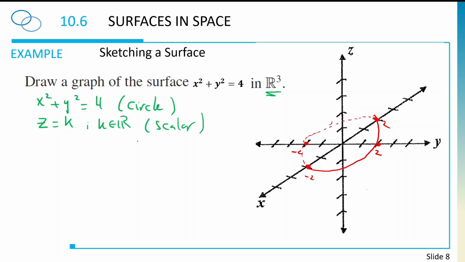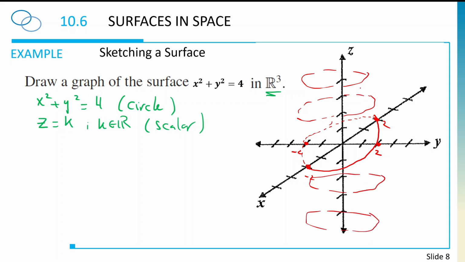Now I need the third side. So I have many, many circles on top of each other along the z-axis. So you'll have another circle, let's say here, and another circle up, and one additional circle down. You have many, many circles with radius 2 on top of each other.